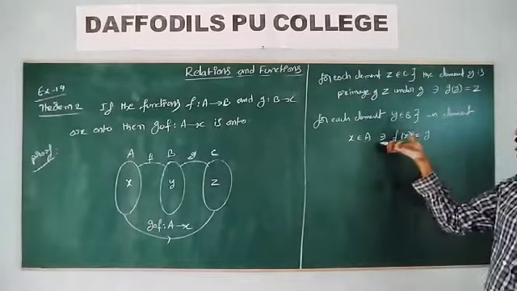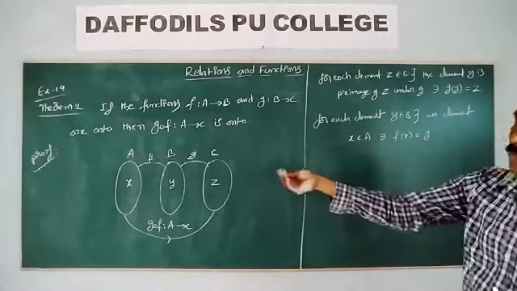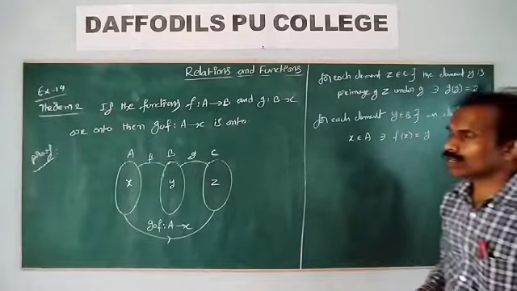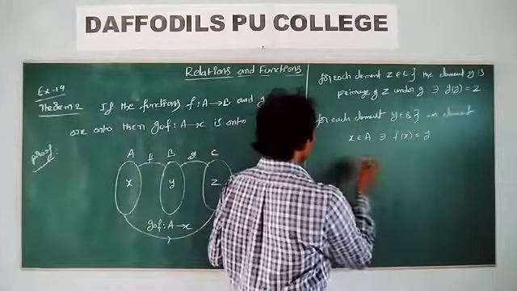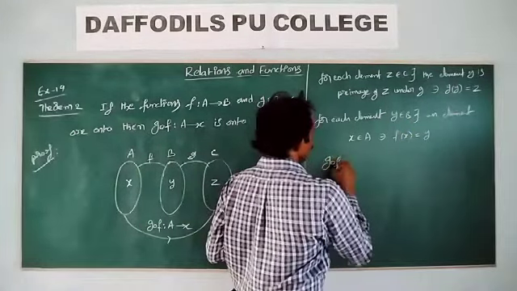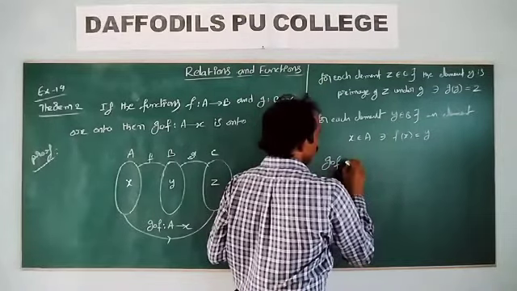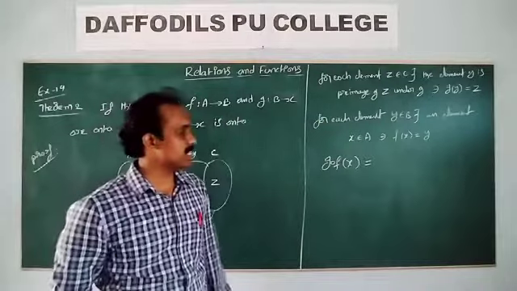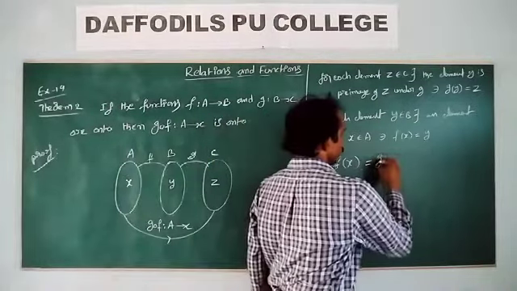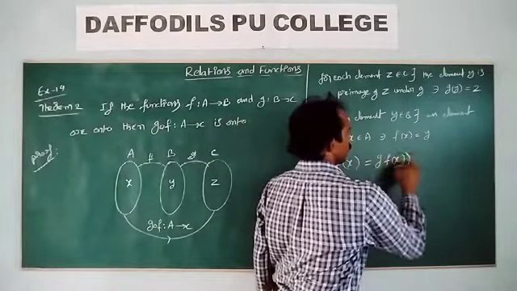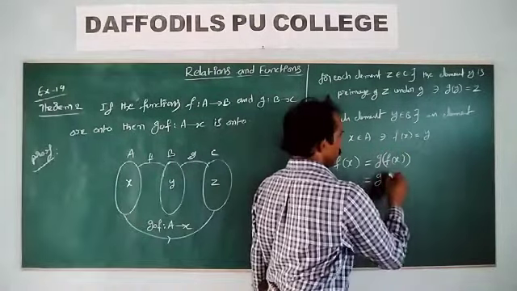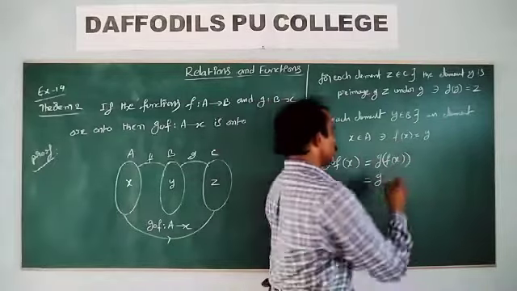So this is the onto function f and the onto function g. What we will show is that g circle f is also onto. Therefore, we take g circle f of x is equal to g of f of x. What is f of x? f of x is equal to y.